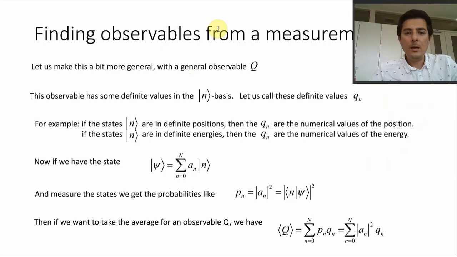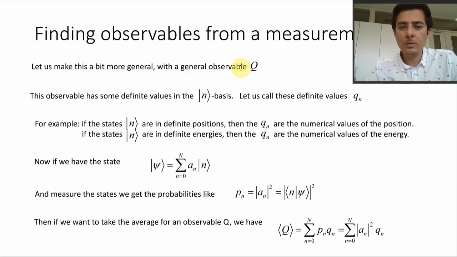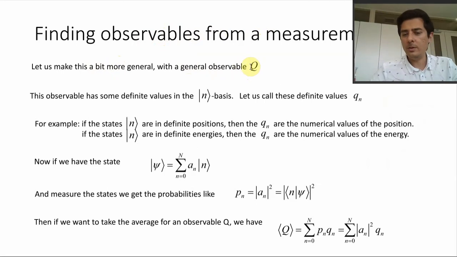So let's talk about some general observable Q. This Q could be anything: position, momentum, energy, whatever physical observable you might be interested in. At this point, I'm not going to define Q mathematically.